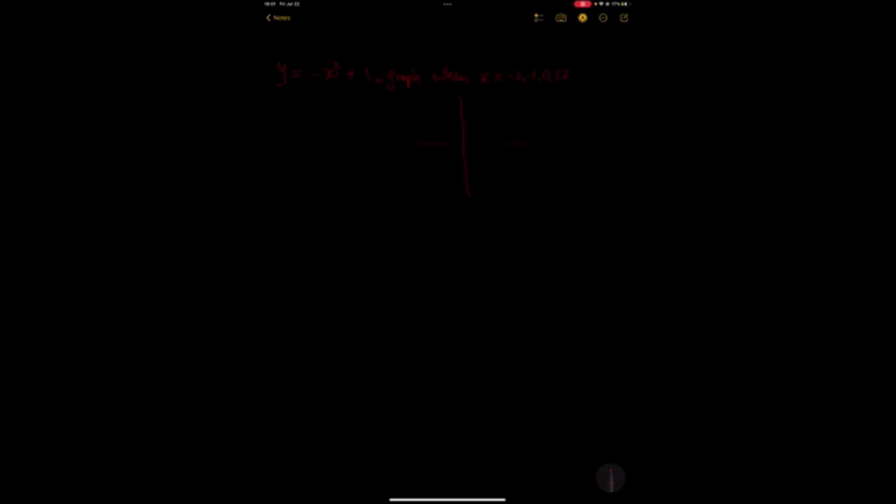So how do you graph? Basically, the y, or the ordinate, is the output. So y is basically called the output, and the x, which is the abscissa, is the input. Okay, so the ordered pair is (x, y).